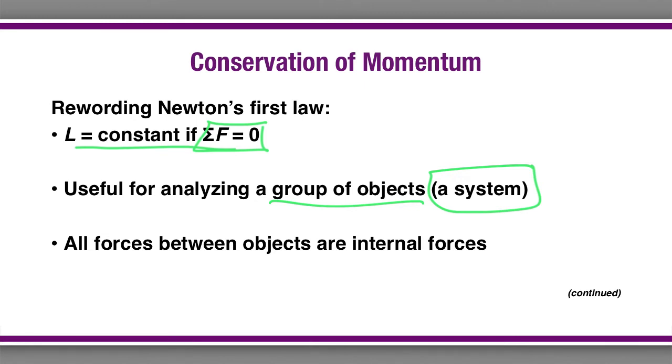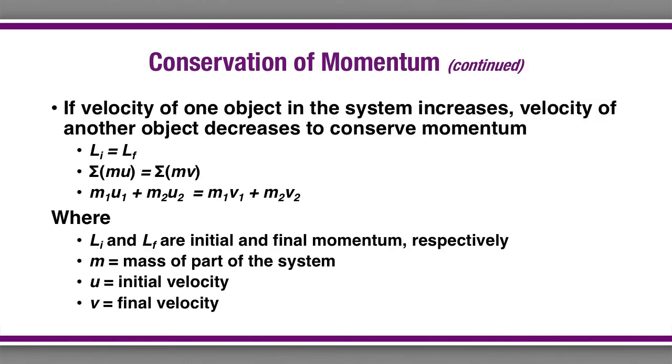If these objects are considered together as one system, then the forces that the objects exert against each other are internal forces and do not affect the motion of the whole system. So if velocity of one object in a system increases, then velocity of another object decreases to conserve momentum. So initial linear momentum and final linear momentum have to remain equal.